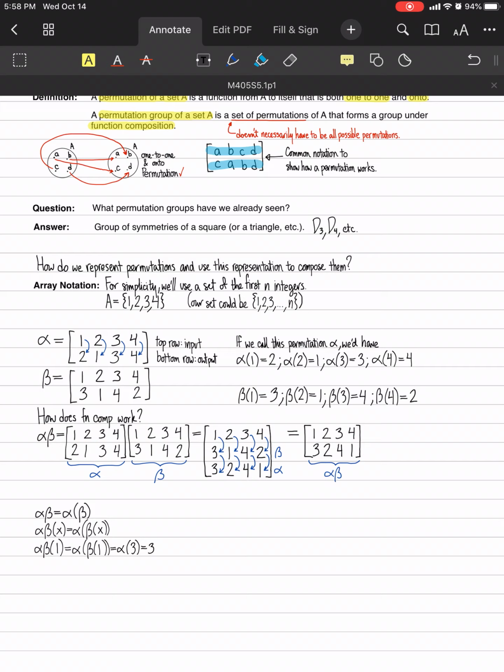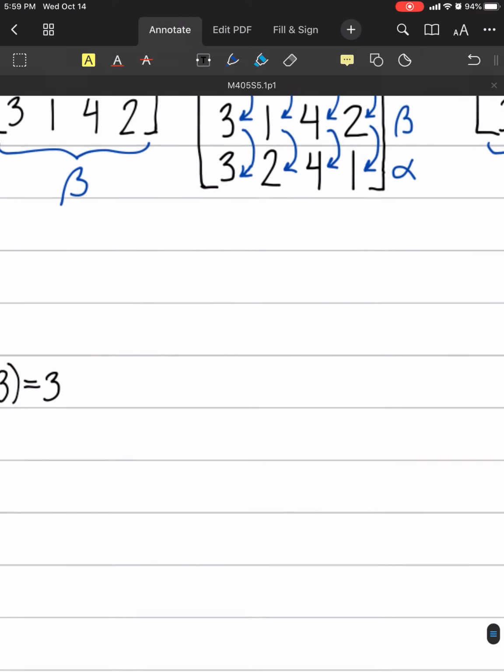In fact, 1 maps to 3 in alpha beta and beta. Also 3 maps to 4 in alpha beta and beta. But nothing else maps to the same things that they map to in either of the other ones. So it is different. It doesn't necessarily look like the same thing.